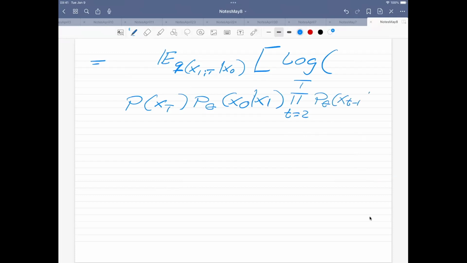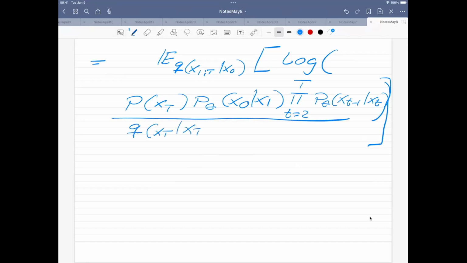I will keep it. And this ends here. But then we have divided with q of x of t and xt minus 1 multiplied with the product from t equal 1 up to uppercase letter T.